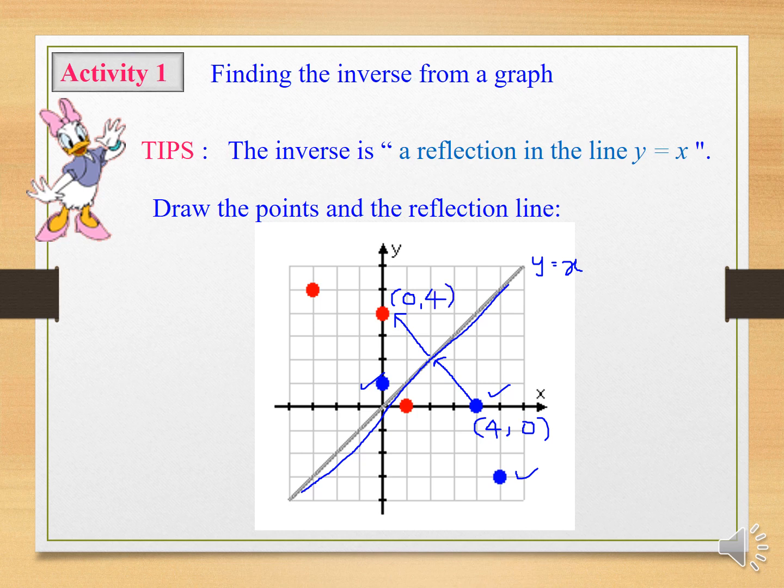For the second point here, the coordinate is (5, −3). If we reflect this point on the line y = x, we get the image, this point, which has the coordinate (−3, 5).